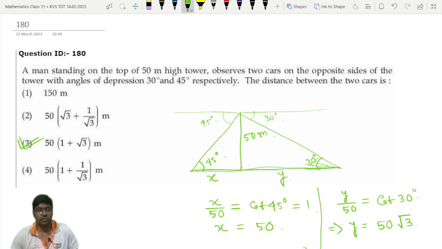All these videos will be helpful for those who have already written the KVS TGT exam, because they can check their answers, whether they have done correct or wrong, or match them with the answer keys, and see whether the answer keys provided are correct or wrong, where they can raise some objection.